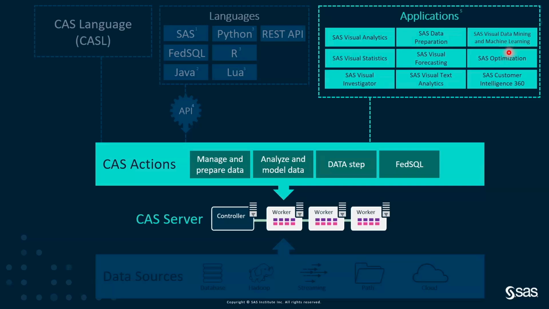Or SAS Customer Intelligence is the solution for customer intelligence. So all of them can also directly interact with CAS. Nevertheless, within each of them, you might want to have some Python-based code. Those possibilities of integration are also there.